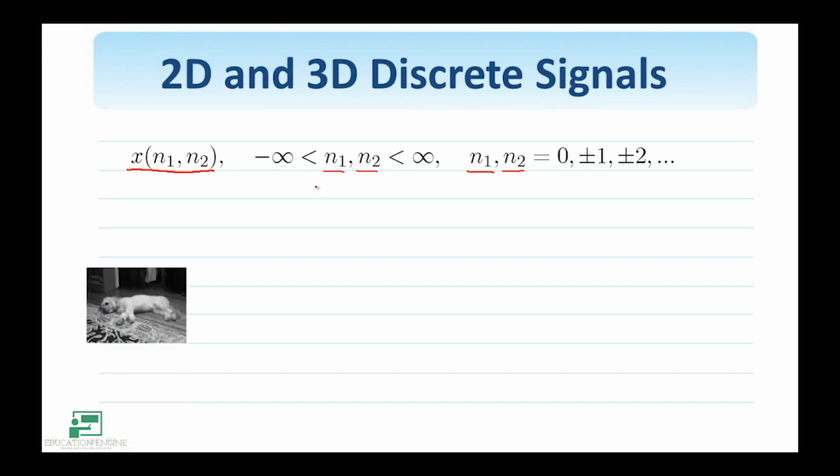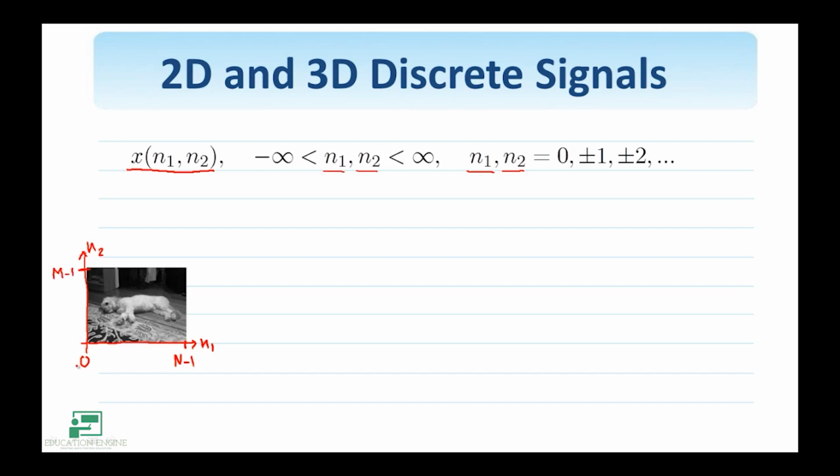When it comes to the orientation of the axis, I can use n1 as the horizontal axis and n2 as the vertical one with this orientation. That's how we are used to representing functions in calculus. So here is 0, here is the point n minus 1, here is the point m minus 1.